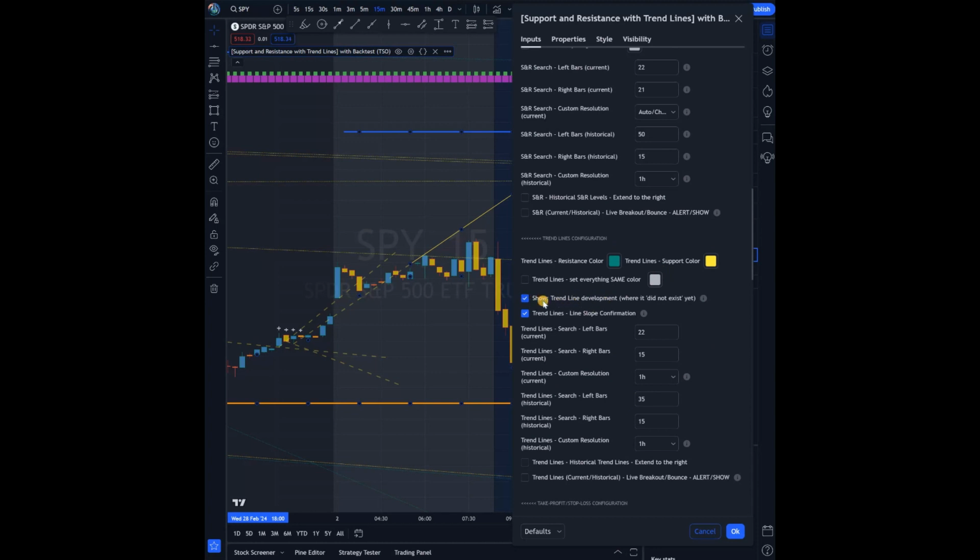You have this show trend line development option. You can turn this off, and then trend lines will only appear where they actually are real, where they did exist. So yeah, the dashed lines show where they did not exist yet technically, while dotted is the extension if you extend them.